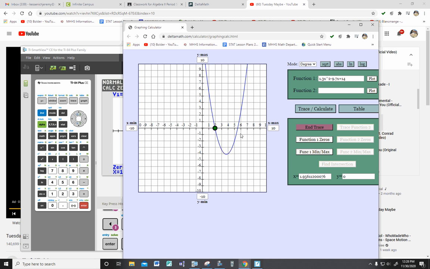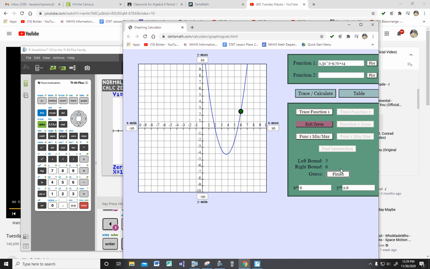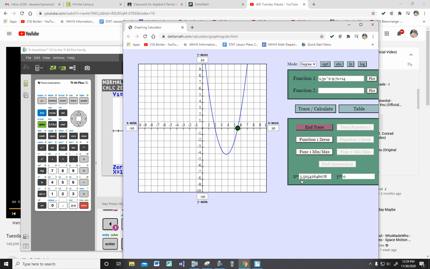To get the right bound, hit the functions, or the zeros again, enter in an x value for the left side of this x-intercept, so how about 5? Enter. How about 6 for the right side of it? And then finish, and it will calculate, so 5.51.